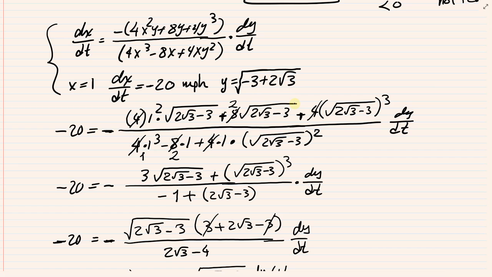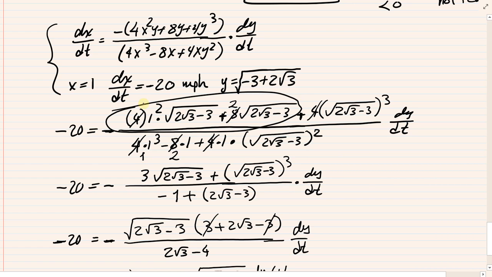So what I did in the numerator, well, everything in the numerator and denominator, I saw that there was 4 in common to all of them, so I divided the 4s out. And that reduced the numerator to what you see in here. The first two radicals ended up being like radicals, so I was able to combine them into one, and also this one is cubed, so that's also in here.